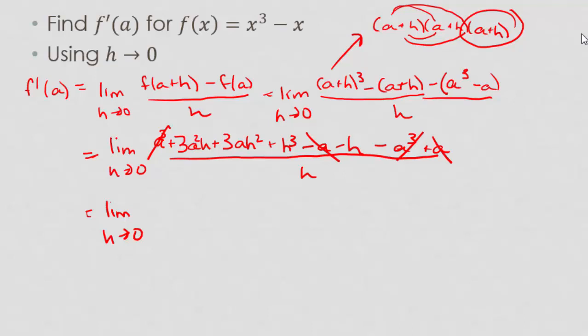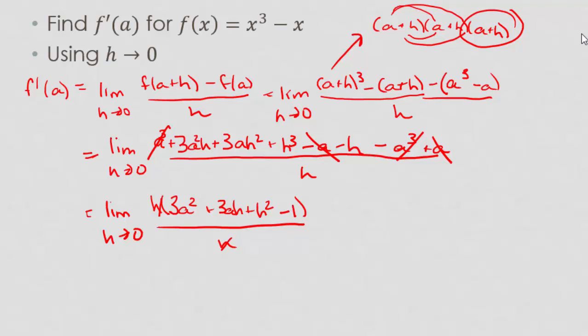Notice I have 4 terms left. I have 3a squared h, 3ah squared, h cubed, and h. Notice they all have an h in common. So we factor out the h, and we get 3a squared plus 3ah plus h squared minus 1 all over h. And those h's nicely go away.